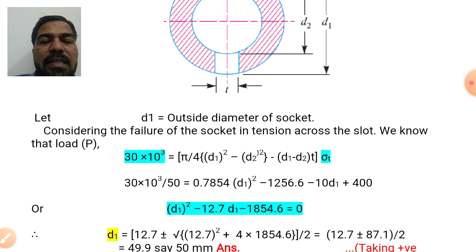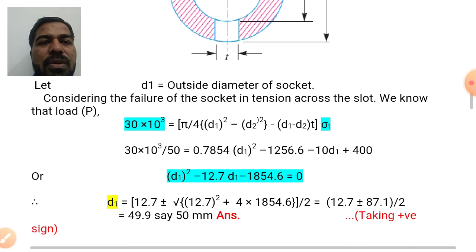Let us assume D1 is the outside diameter of the socket. Consider the failure of the socket in tension across the slot. We know that the load P is equal to stress into area. So put the value of load, stress and D2 in this equation.